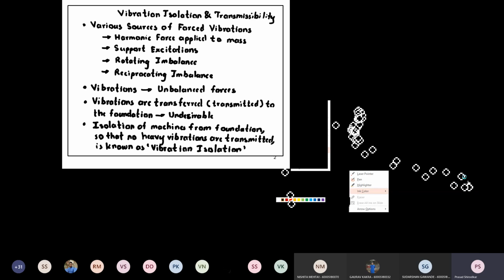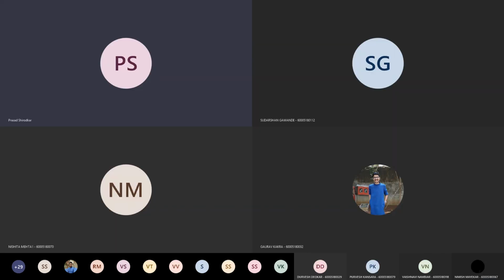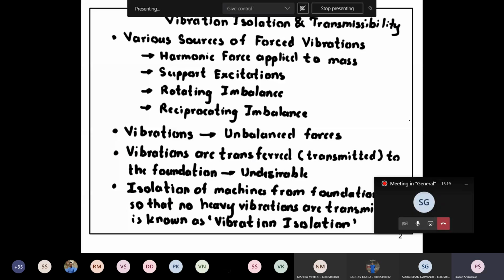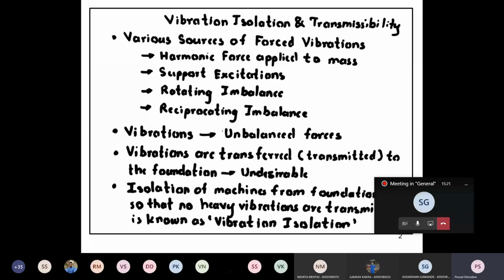Still no? No, sir, the slide is at the topmost left. Oh, okay. Just a minute. How about now? Yes, yes, okay, okay, sir.